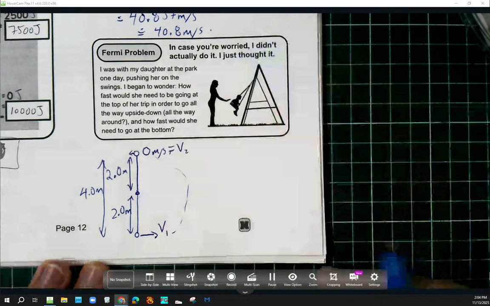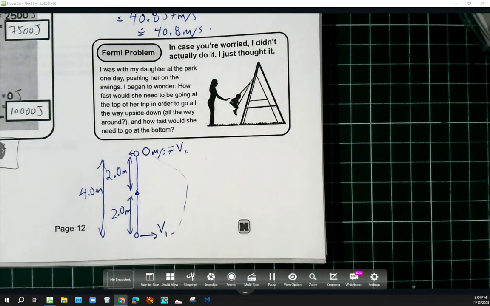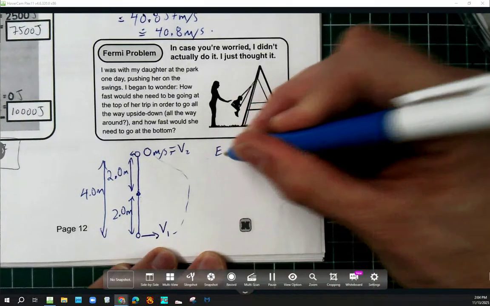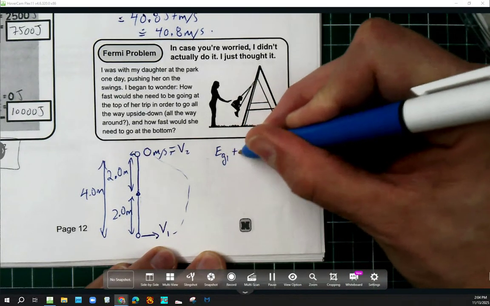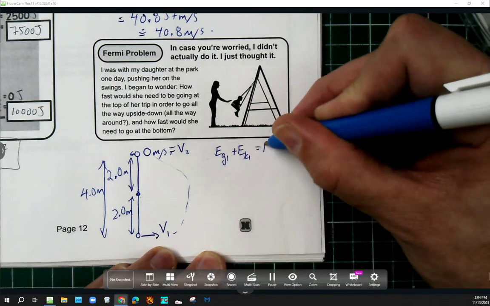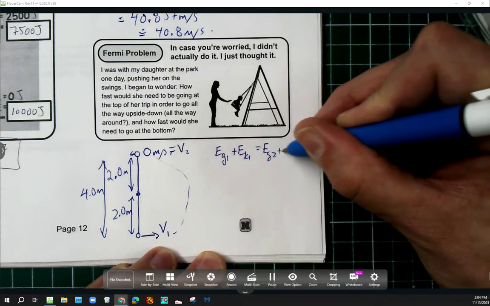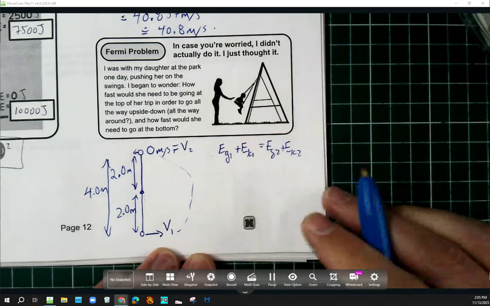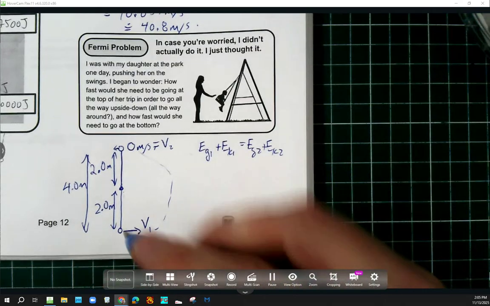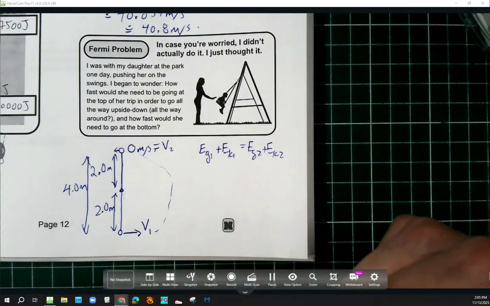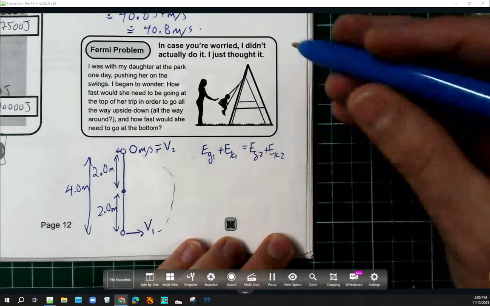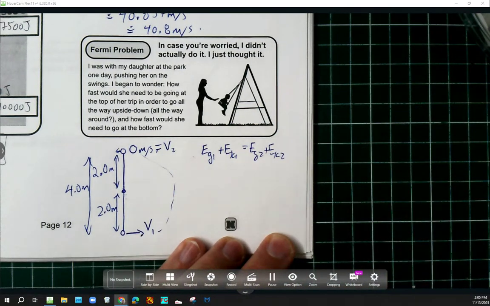And again, this is just like a roller coaster problem, where I would say EG1 plus EK1 equals EG2 plus EK2. And for a 2 meter long rope swing, I could say, well, at the top, the kinetic energy would just be equal to 0.